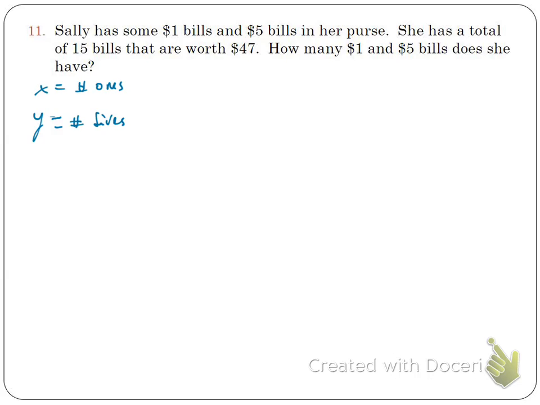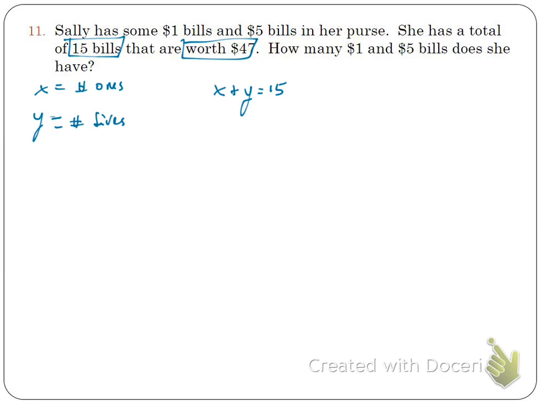So we've got two unknowns. We need two equations. Where are the two equations going to come from? Well, they're going to come from either physically counting the bills, or writing an equation based on the worth of those bills. If we physically count them up, the number of 1s and the number of 5s, and add those together, that should give you 15, because she's got 15 bills in her purse.